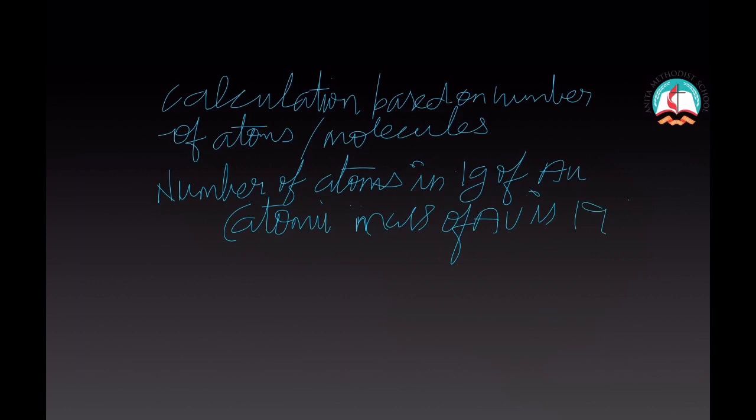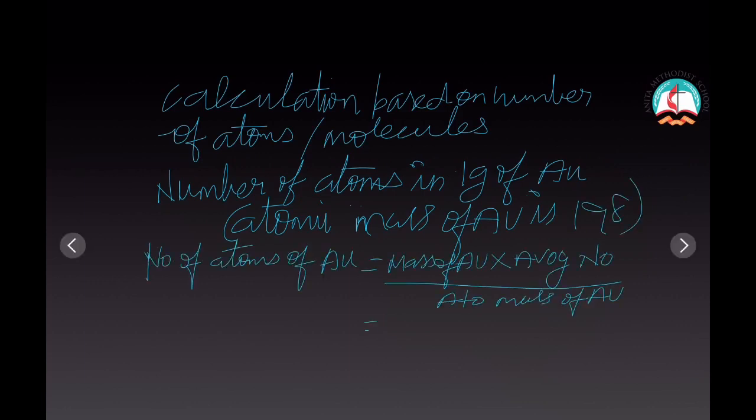Calculation based on number of atoms or molecules given. We are going to find the number of atoms for gold. The given mass is 1 gram, multiplied with Avogadro number, that is 6.023 into 10 to the power 23, and divided by the atomic mass of gold, which is 198.